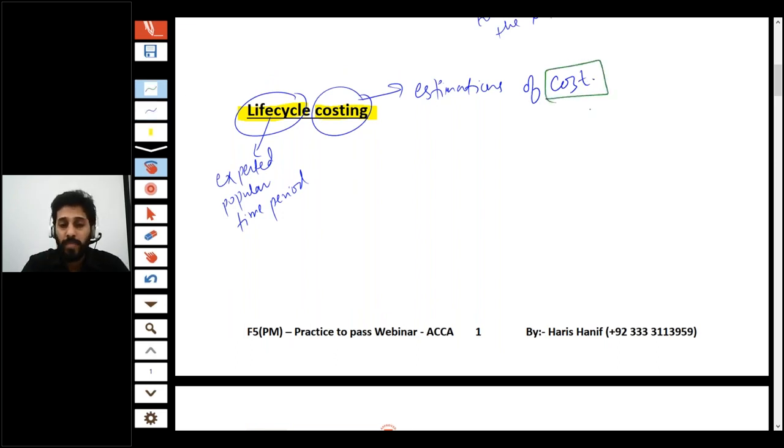And remember one thing, the cost is production plus non-production.